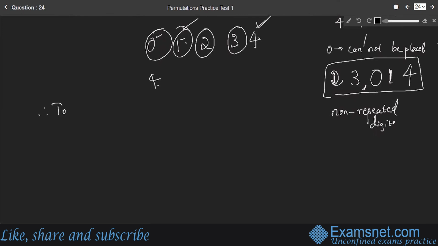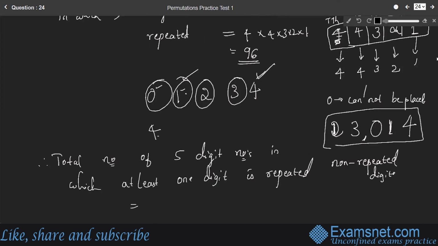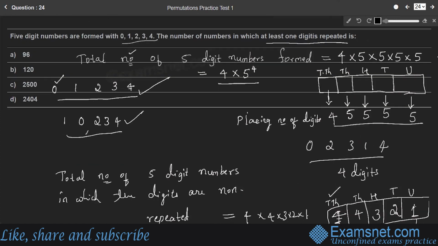Therefore, the total number of 5-digit numbers in which at least one digit is repeated is equal to, so here the total number of 5-digit numbers that can be formed is equal to 4 into 5 raised to 4, right? This includes repeated and non-repeated digits.